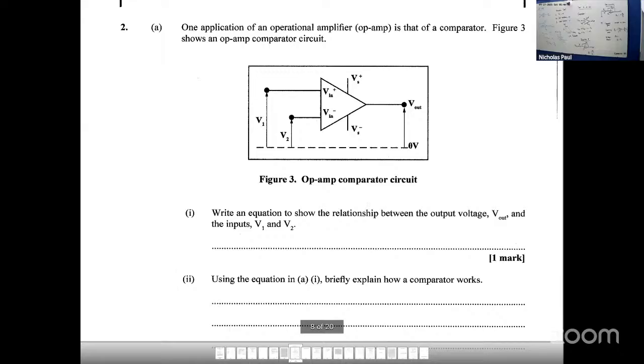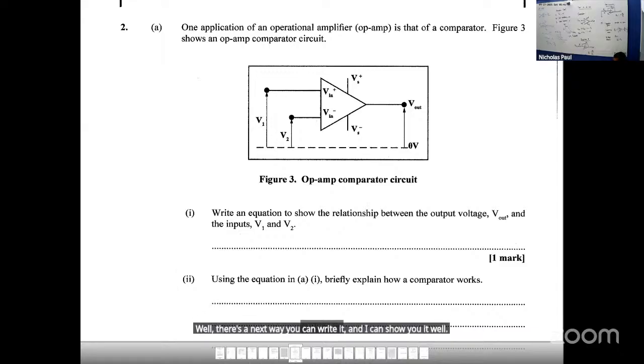Write an equation showing the relation between V out and the inputs V1 and V2. So you're basically writing this, but you only need two to show it. There's another way you can write it, and I can show you.